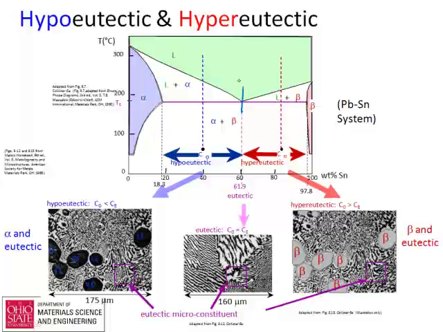This is our eutectic. Things to the left of this we consider hypoeutectic. It depends a little bit on the definition of what you call it, but again, this is lead and tin. If we drew the diagram the other way, we'd change our hypo and hyper. If you have more solute than eutectic, we call this hypereutectic.